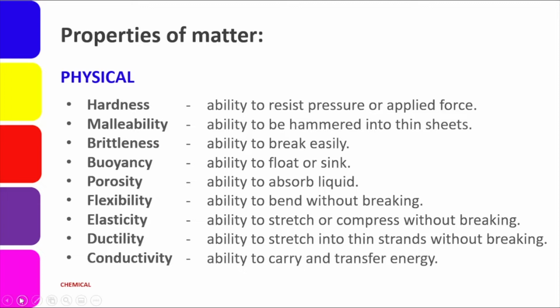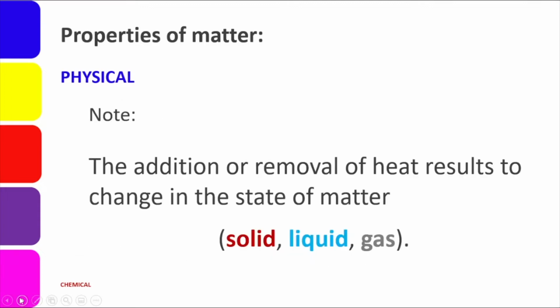Okay? Kasi pag binatak mo at bigla siyang naputol, hindi siya ductile. Conductivity naman is the ability to carry and transfer energy. Tulad ng kuryente na pwede ba siyang dumaan dito sa ganitong material or heat, pwede ba siyang dumaan sa ganitong material.